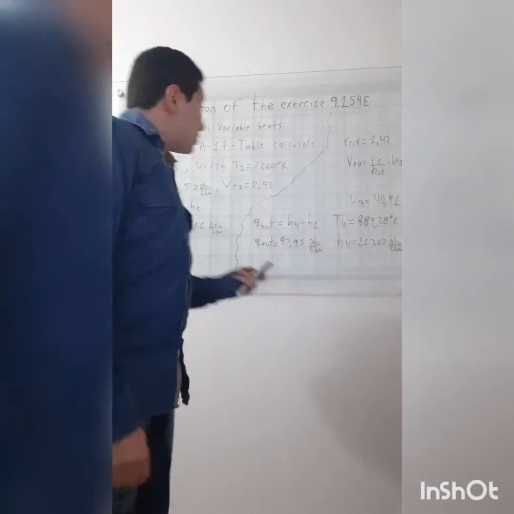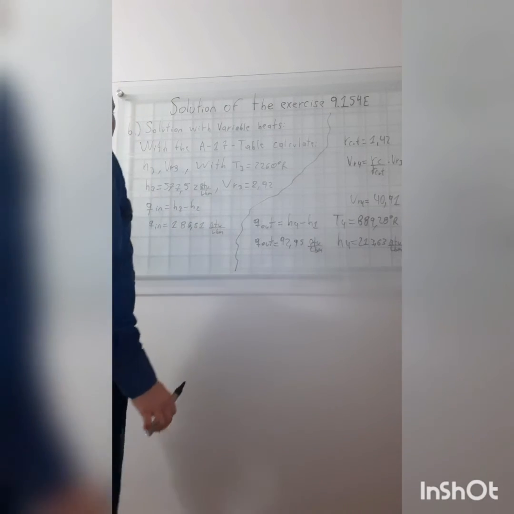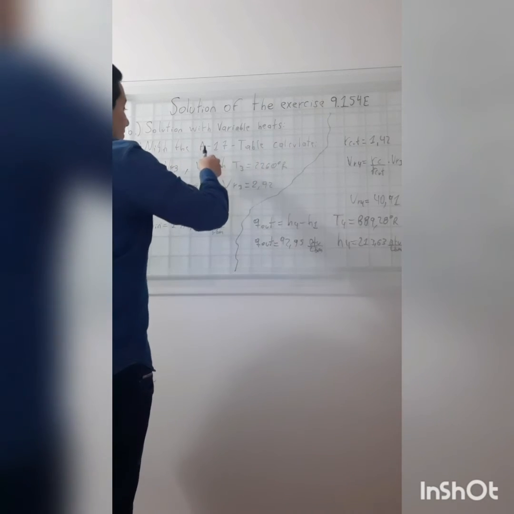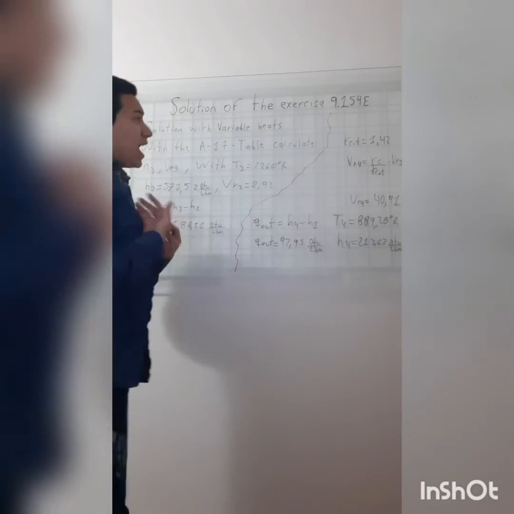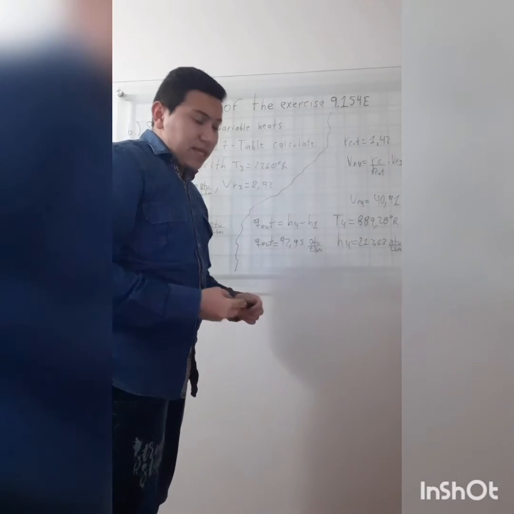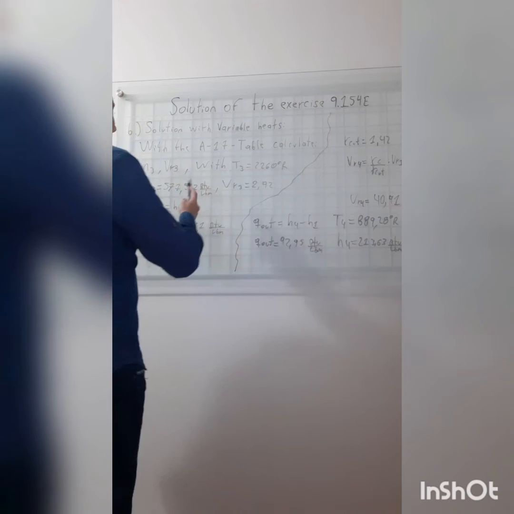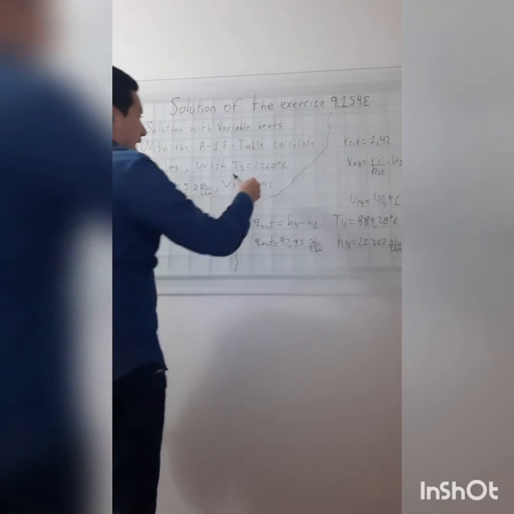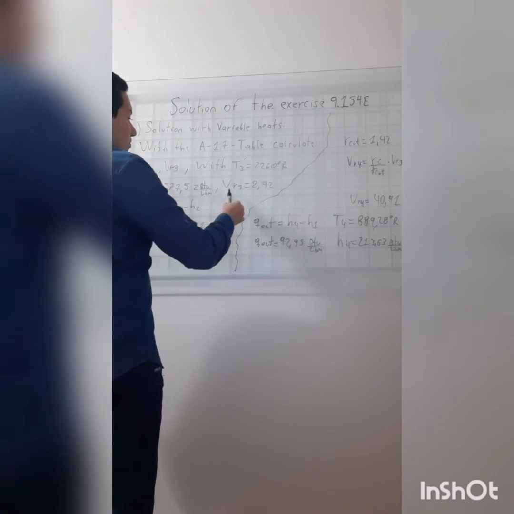Okay, to continue with part B with variable heats, I have that table A-17 brings us the different terms that we need. So we need to calculate the other values like temperature 3 and reduced volume 3.